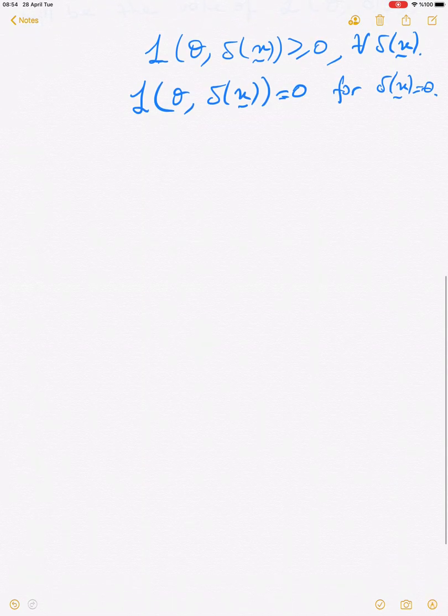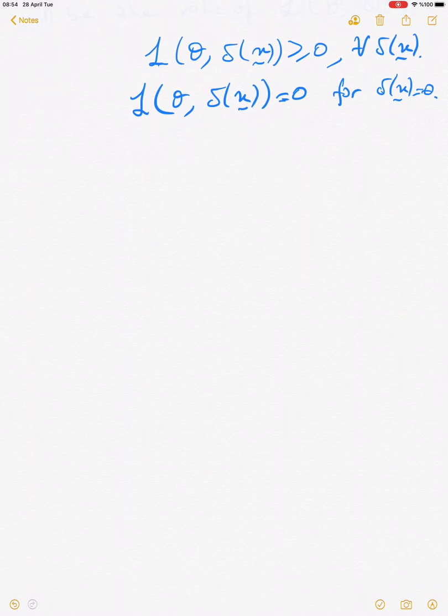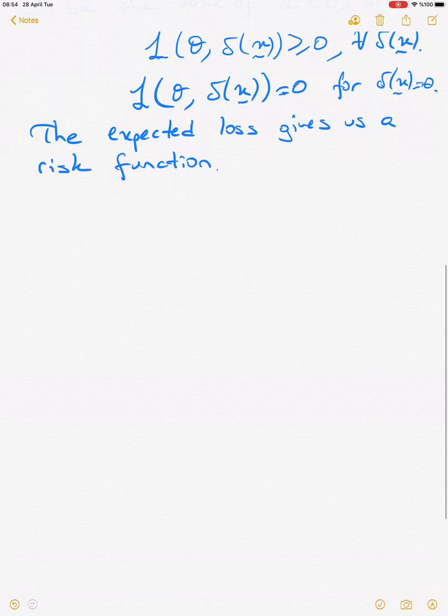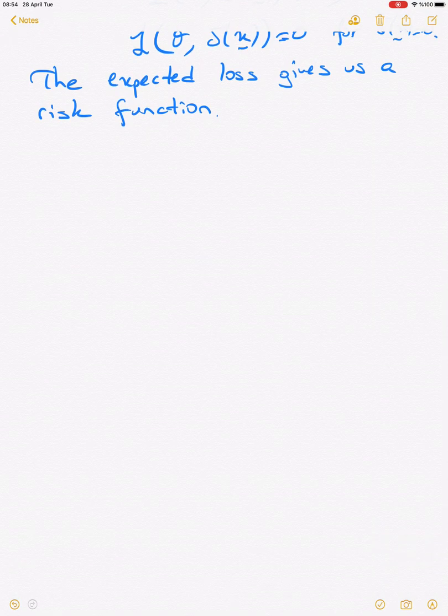Okay, and the expected loss is known as the risk function. Basically we want to minimize this risk and find the value of delta which minimizes this expected loss or risk function. We use R notation for that.